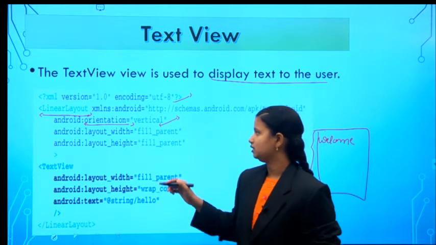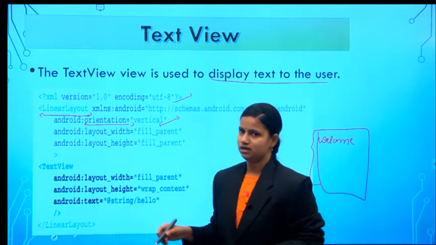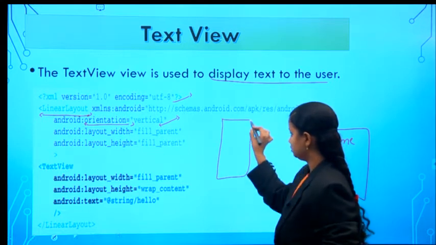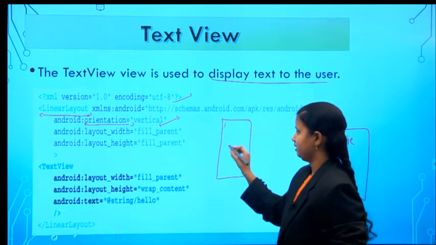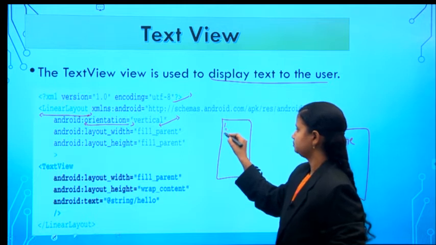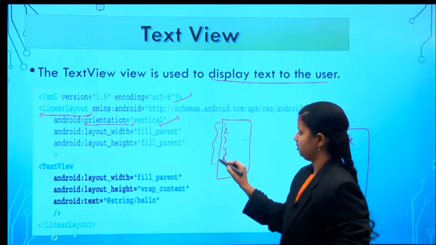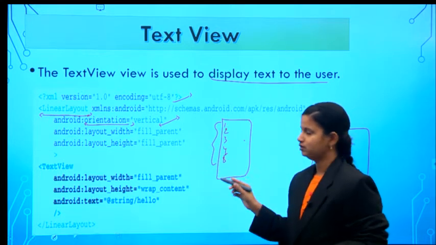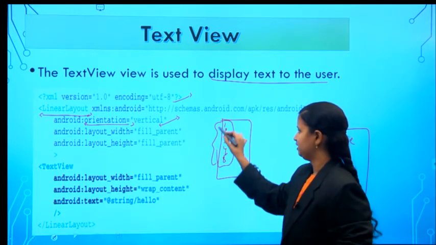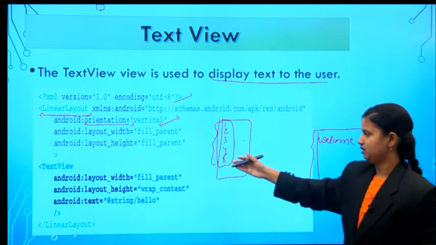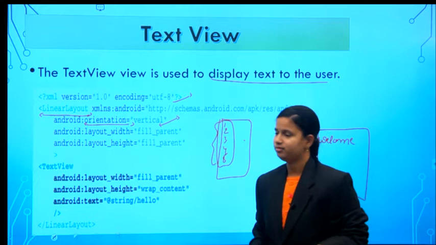So I am giving vertical. What does vertical mean? Whatever views you add, the first view will appear like this, then second view, third view, fourth, fifth. Whatever views are presented, those view group elements are presented in a single column, that means in vertical order.